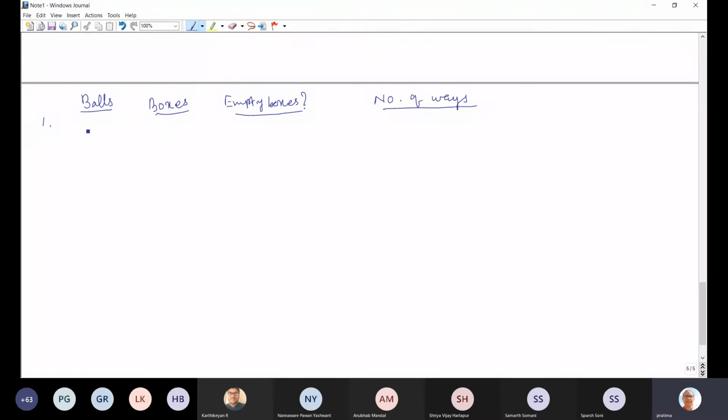So first case, let us take balls distinct, boxes also distinct, and empty boxes allowed. Let us allow the boxes to be empty first. Some box may remain empty.